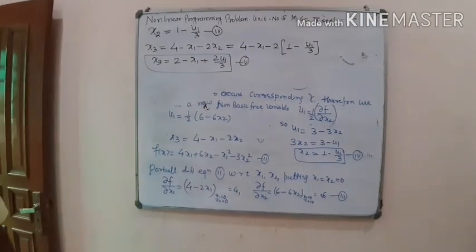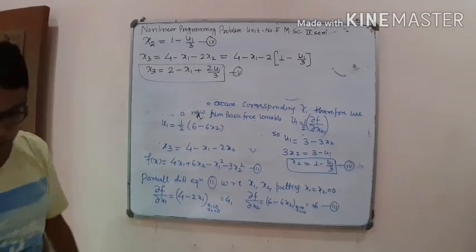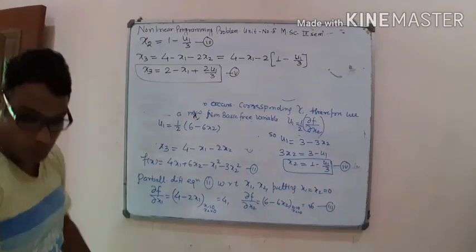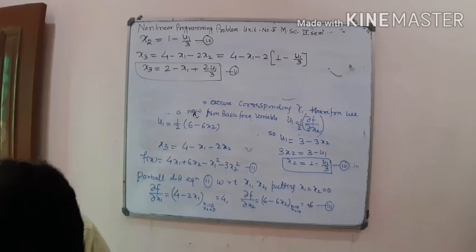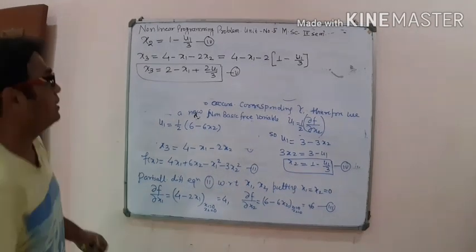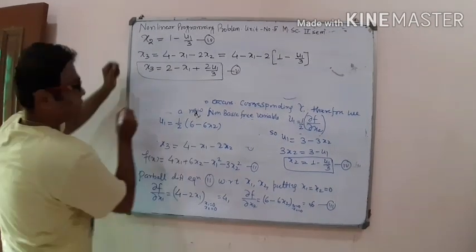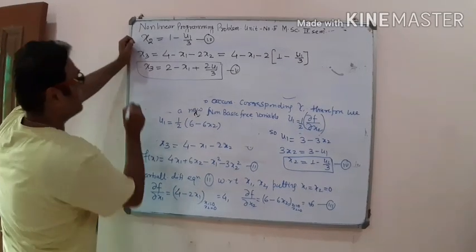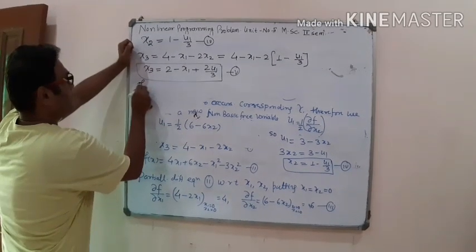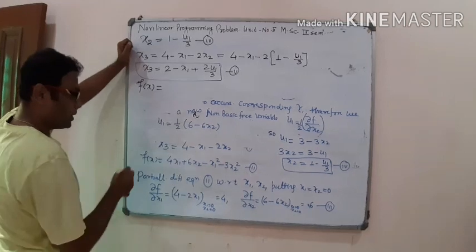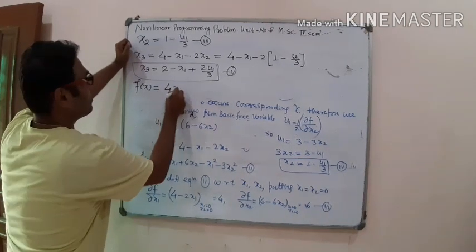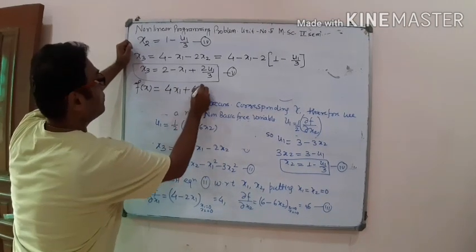So here we observe that our x2 and x3 both are members of the basic variables. Therefore we compute these basic variables in terms of non-basic variables. Now rewrite equation number 2, that is f(x) equal to 4 into x1 plus 6 into x2.